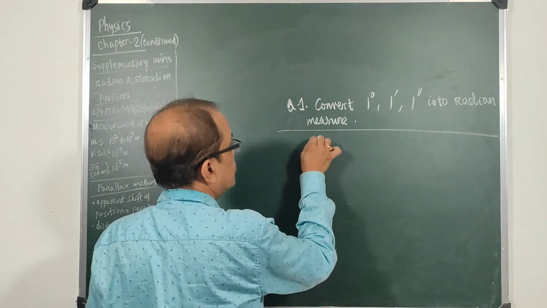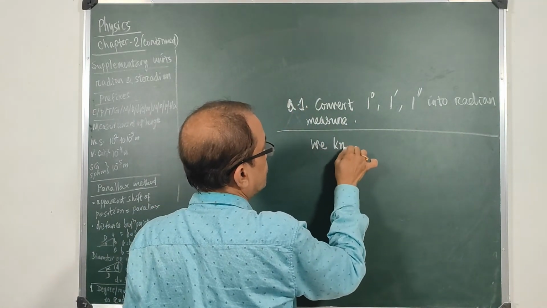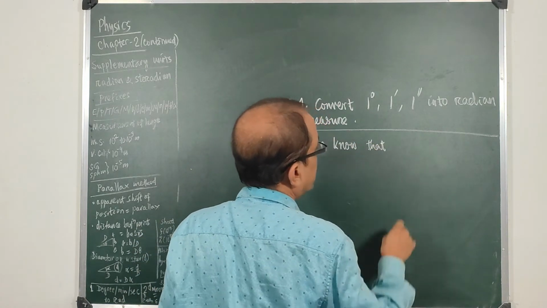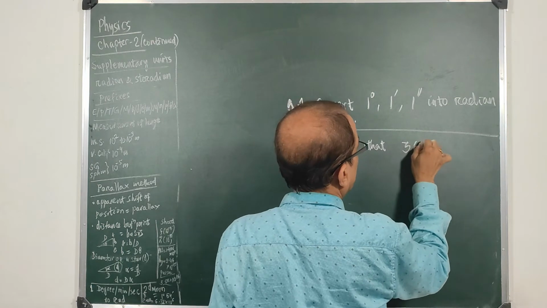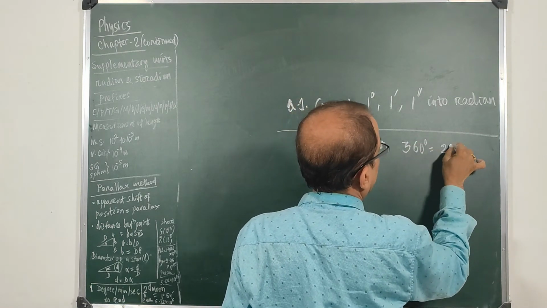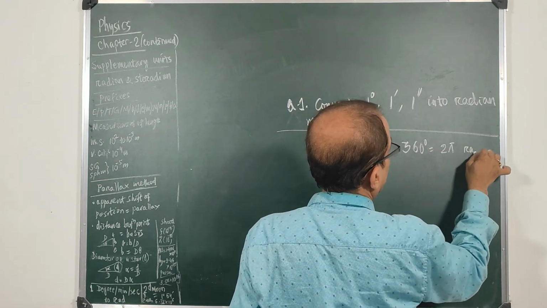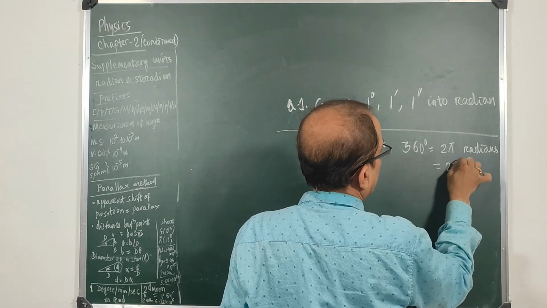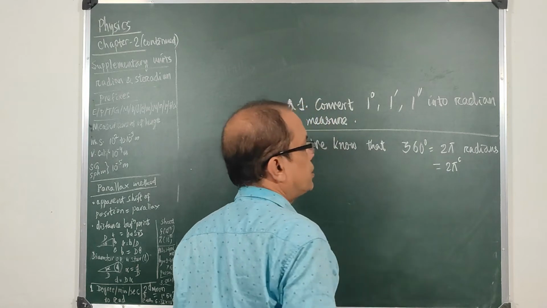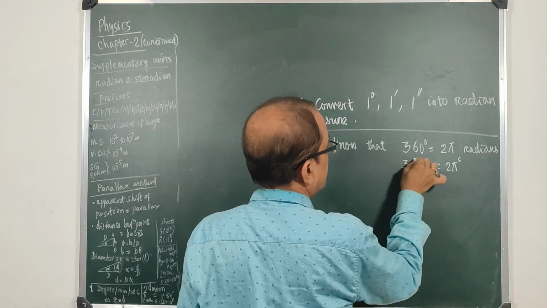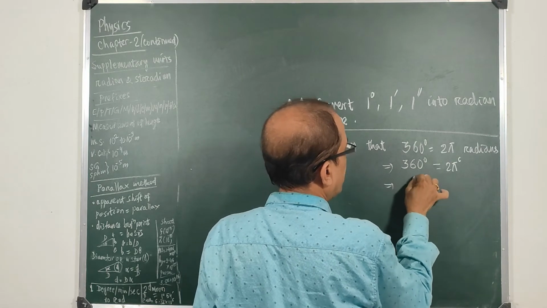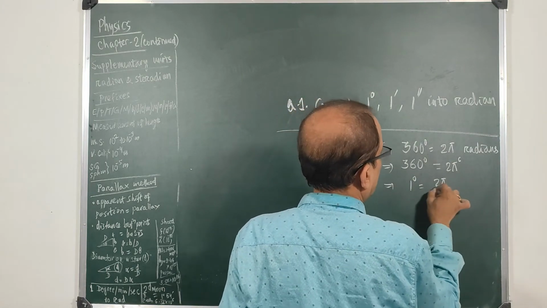We know that 360 degree is equal to 2 pi radians, and this we can write as 2 pi c for a circular measure. 360 degree is 2 pi c. So 1 degree will be 2 pi upon 360.